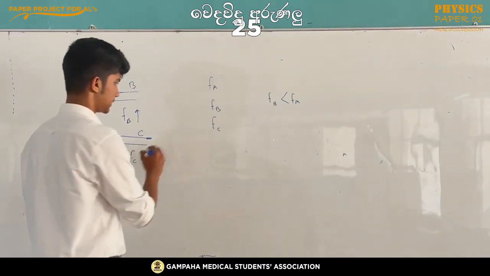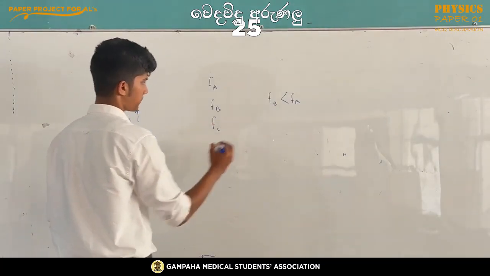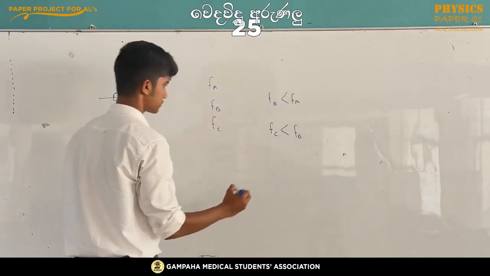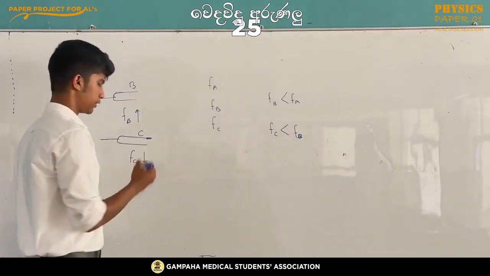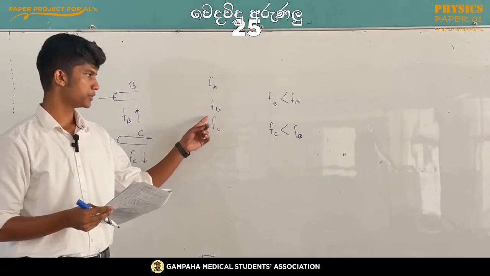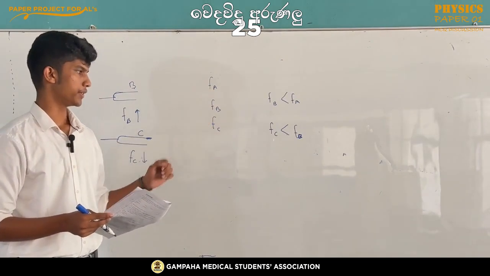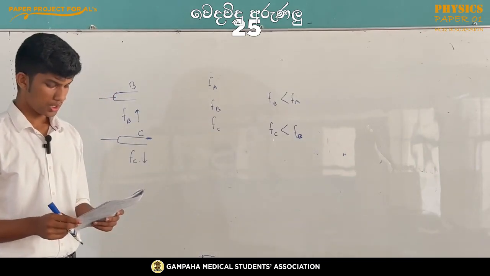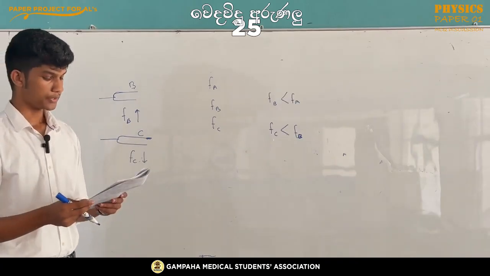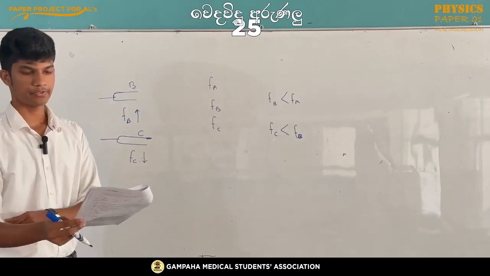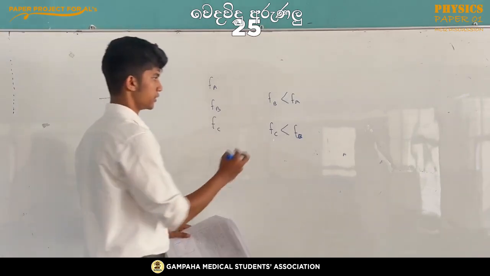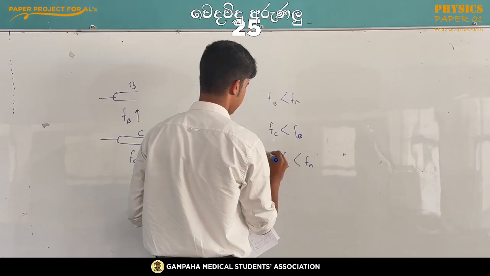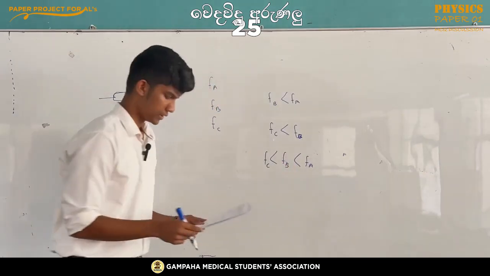Therefore, frequency of C is actually less than the frequency of B. Therefore, the correct relationship between the initial frequencies of the tuning forks is that FA is the biggest, and then FB and FC. The correct answer is the first one.